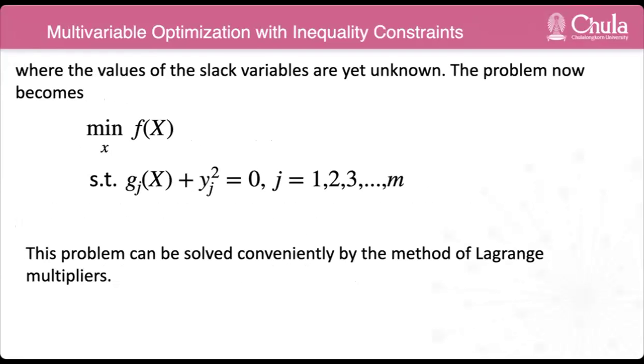Okay? You see, once we transform the inequality constraint to equality constraint, this problem can be solved conveniently by the method of Lagrange multipliers. By saying conveniently solved, it doesn't mean it's easy to solve.